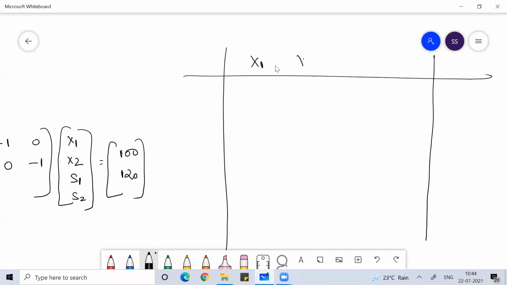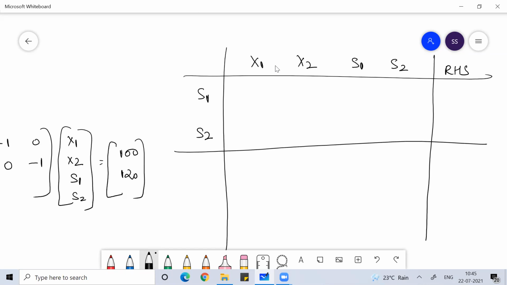You can write x1 x2 s1 s2. Here you write your RHS. Here you write s1 and s2. Then you can write your variables also. You have 6 8, you have minus 1 0, then you have 7 12 0 minus 1.